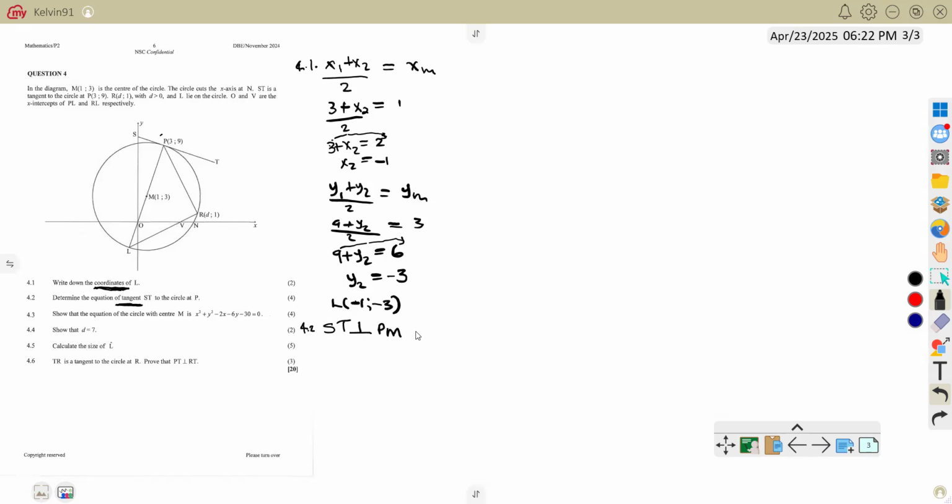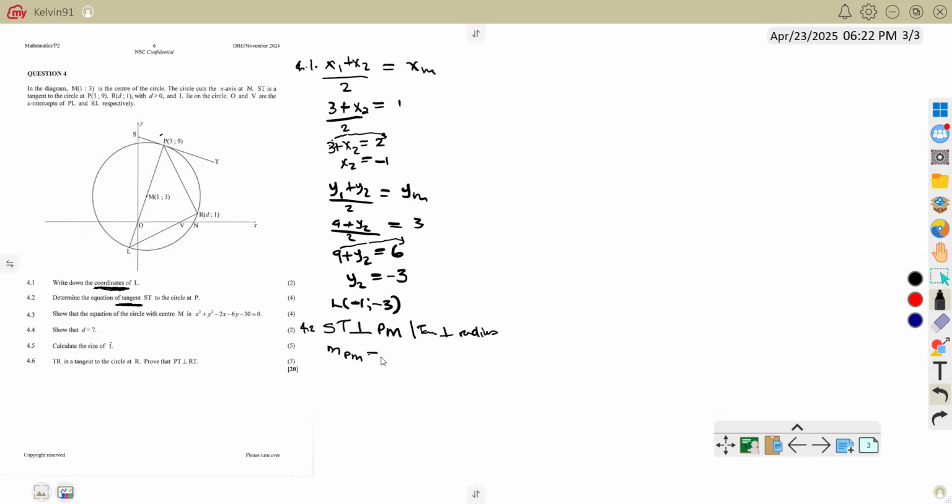Why are we saying that? The reason for that is tangent perpendicular to radius. Therefore, it means we have PM here, which is having a complete set of coordinates. So it means we can calculate the gradient of PM.